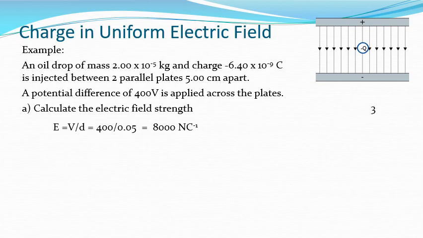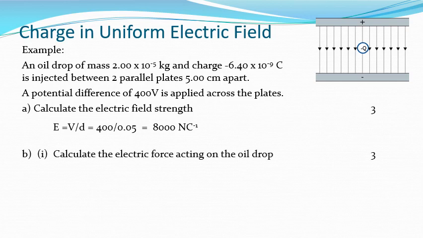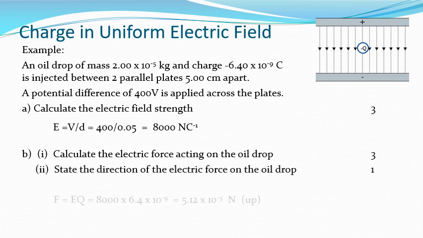Both are acceptable units for electric field strength. Calculate the electric force. Well, we know F equals Q times E. And so if we multiply that 8,000, our field strength, by the charge that we have, we can end up with the force in newtons. Now, because we've got a negative charge and the polarity of the top plate is positive, the direction of the force will be upwards.